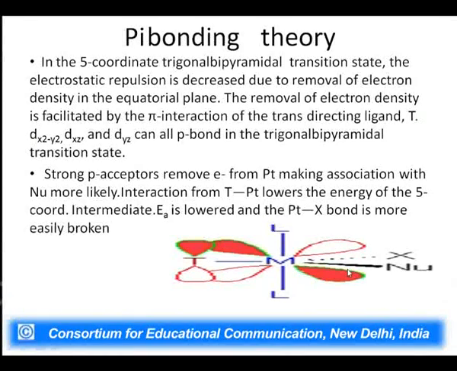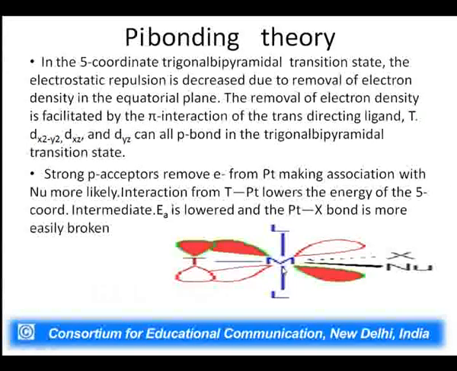These are the other ligands that are present cis to this. In the case of a square planar substitution, the nucleophile will attack this metal complex, and it will result in a five-coordinate trigonal bipyramidal transition state, as the nucleophile donates its electron density to the metal. So the metal will be rich in electrons.